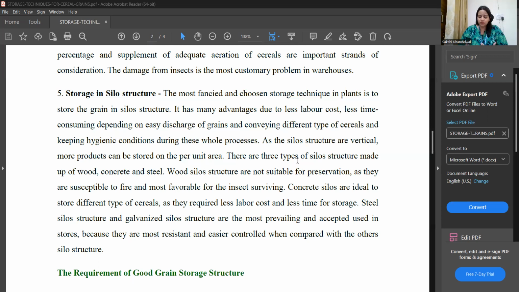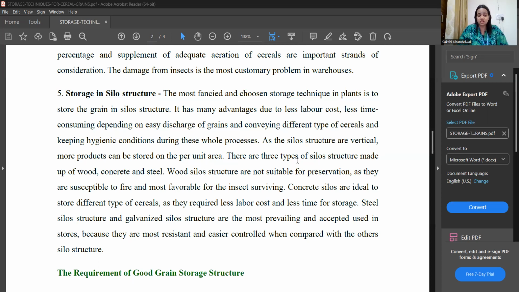No insects can enter into that silo structure, and the grains are nicely protected from all the insects and contaminants. This is the best method by far of all the methods where you can put your cereals for storage, and they can survive for many coming years, and you can easily move the cereals out of the silo and easily refill the silo structure with cereals.